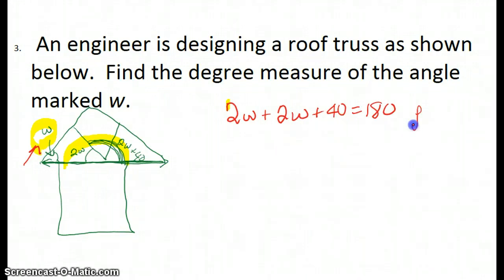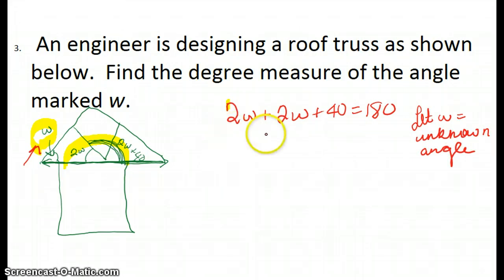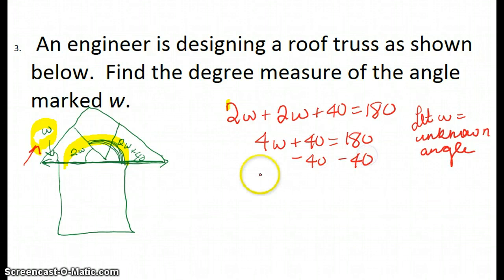So let's let W equal our unknown angle. And let's just solve this equation because we have more information for this equation. We'll say that this is 4W plus 40 equals 180. Subtract 40 from both sides. Make sure you're showing all of your algebra.